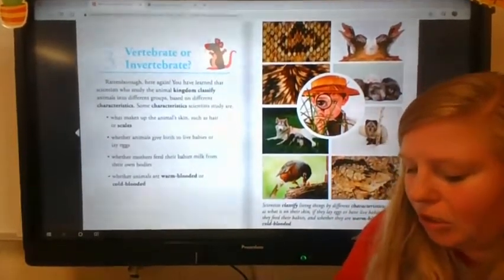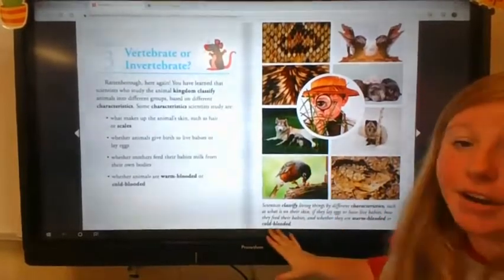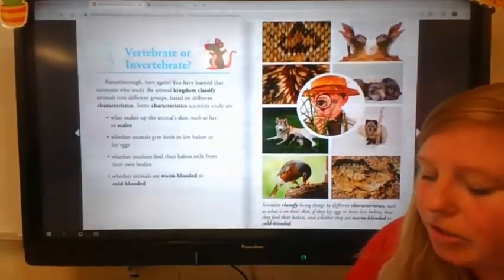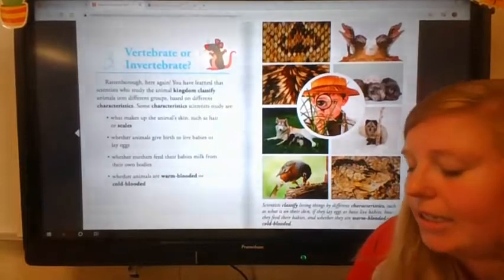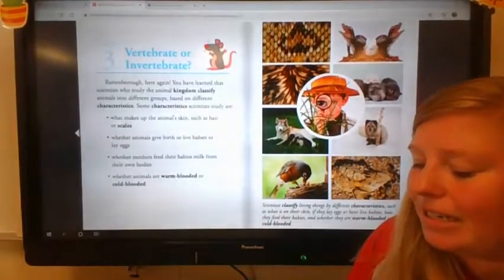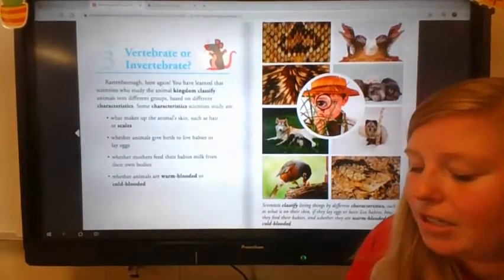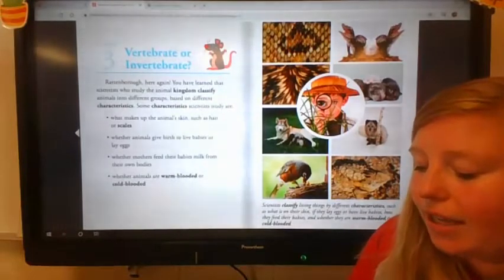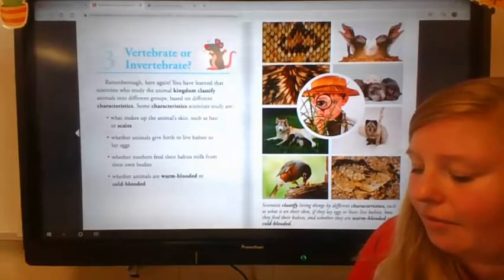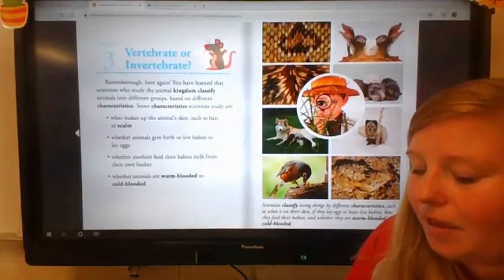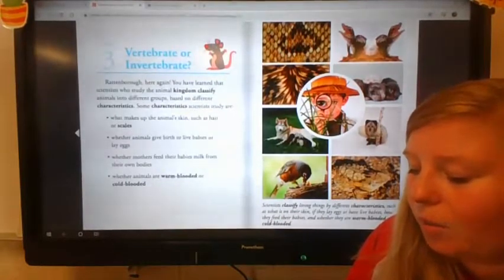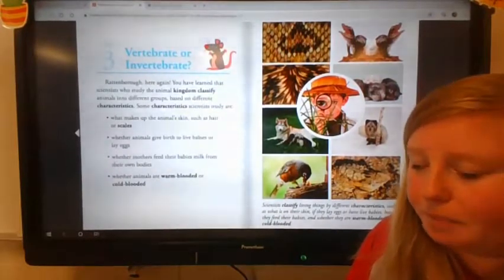First I want to point out our picture and our caption. This caption says, scientists classify living things by different characteristics such as what is on their skin, if they lay eggs or have live babies, how they feed their babies, and whether they are warm-blooded or cold-blooded.